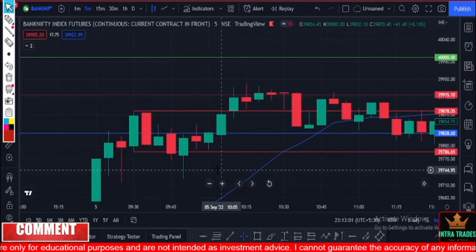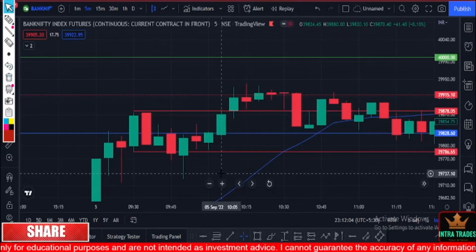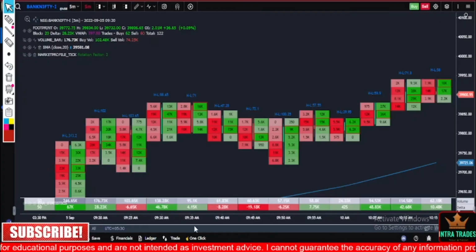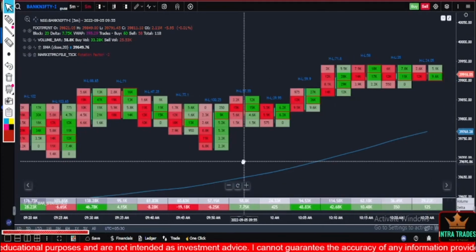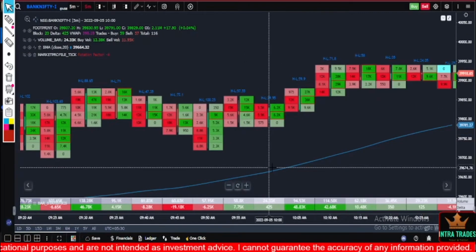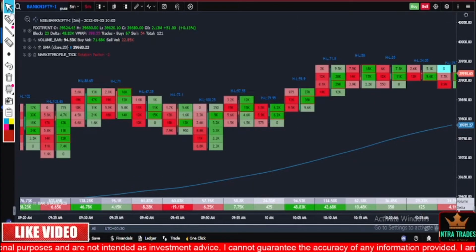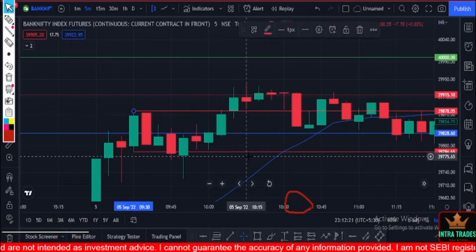So now we have to wait for another opportunity. The opportunity we got is at 10:05 a.m. Checking it here.